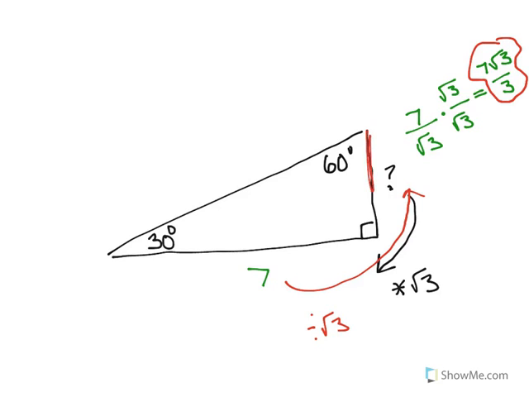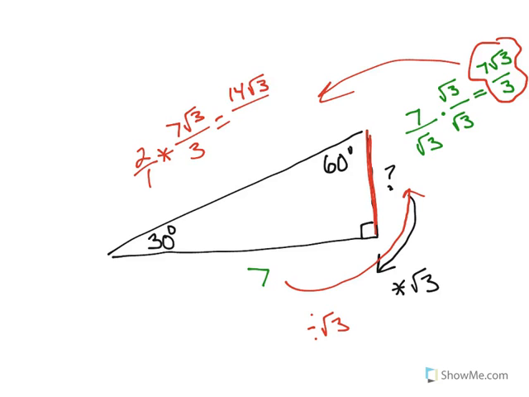And now that we know what the short leg is, which is 7 radical 3 over 3, how do we get from the short leg to the hypotenuse? We're going to double that. So it's going to be 2 times, what's our short leg? 7 radical 3 over 3, and then you can just work out the arithmetic. So 2 times 7 radical 3 is 14 radical 3 all over 3.